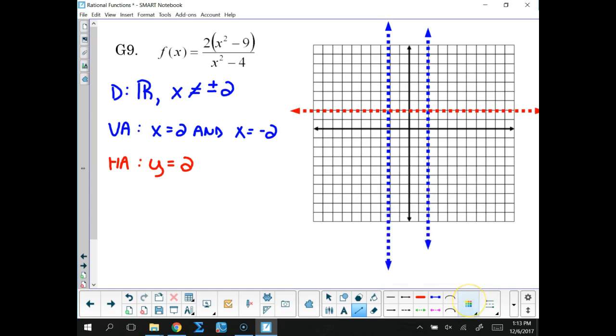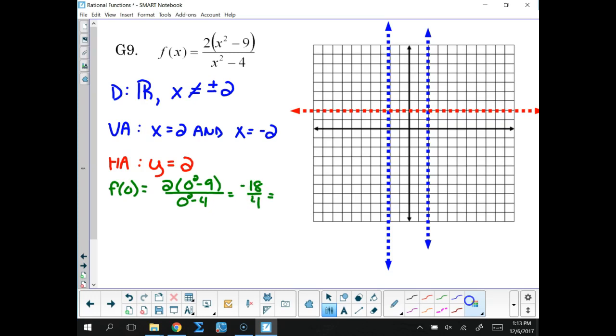It's not clear enough. Y-intercept. So you said the y-intercept was what again? 0, comma, negative 9/2?